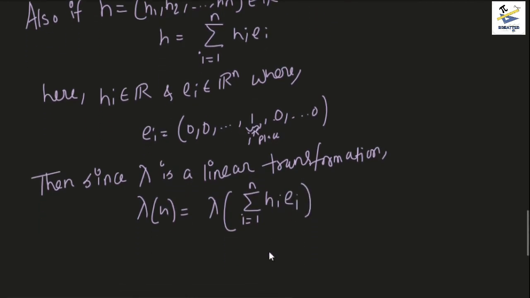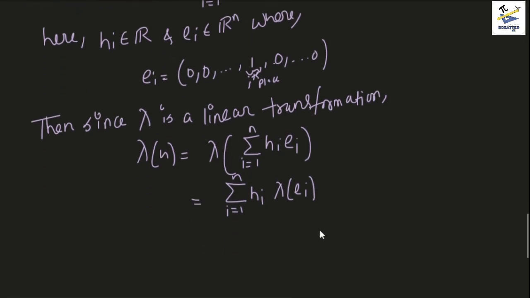so that is how lambda of h will be written. Now using the properties of linear transformation, we can write this as, well, so lambda of this basis, right?